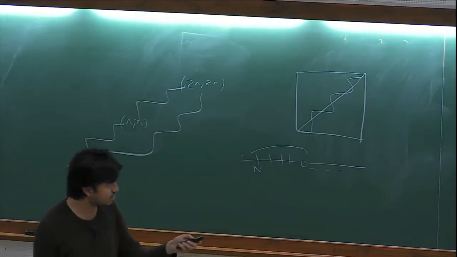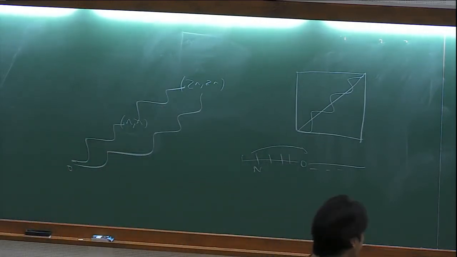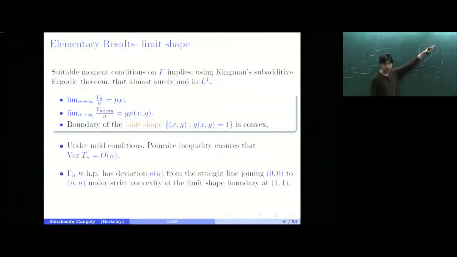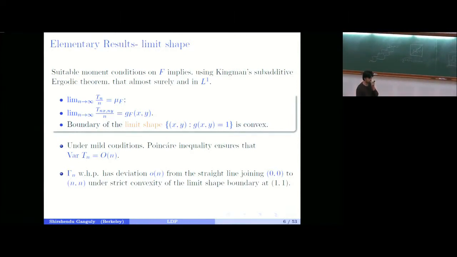Just saying that the variance is order n would imply that the fluctuation of this random path from the straight line would be little o of n. So there is already some localization. The deviation is already smaller than the system size. Any questions? Okay.